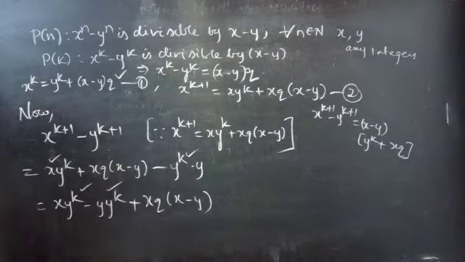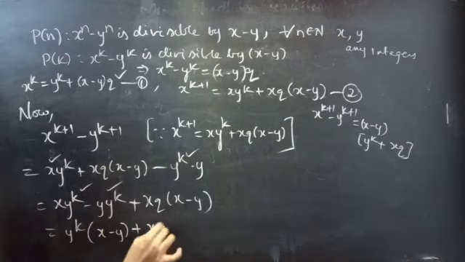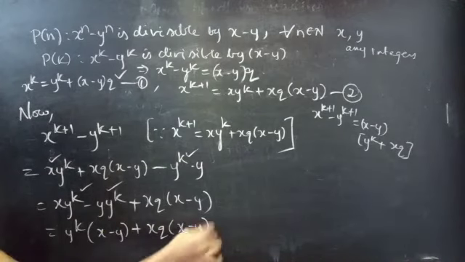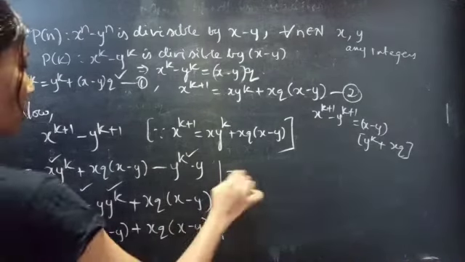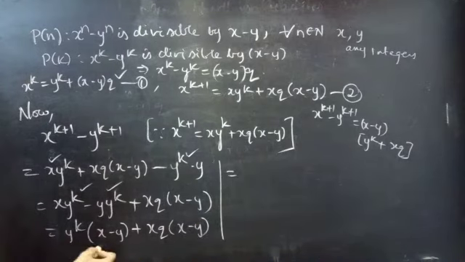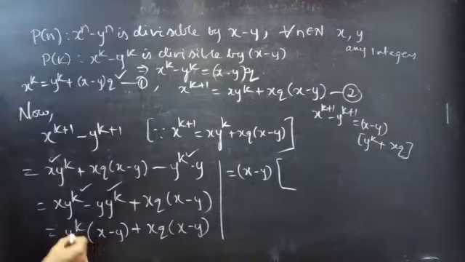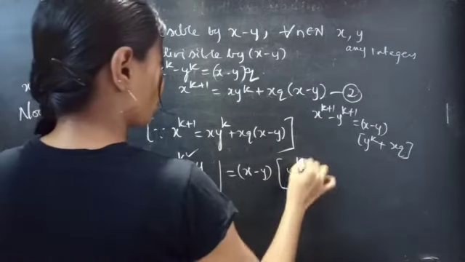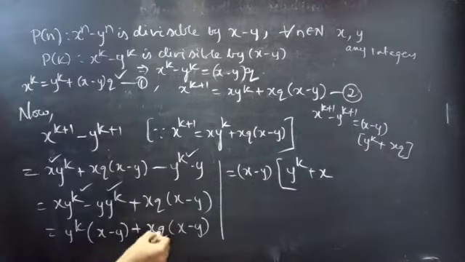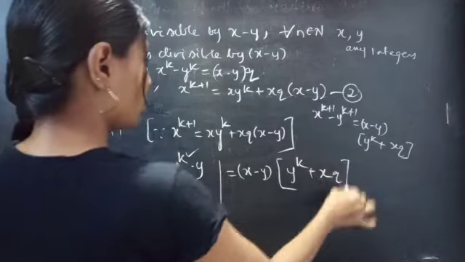Now take y power k common from the first two terms, you get y power k times x minus y plus x cube into x minus y. Now take x minus y common from these two terms, you'll get x minus y times y power k plus x cube, right?